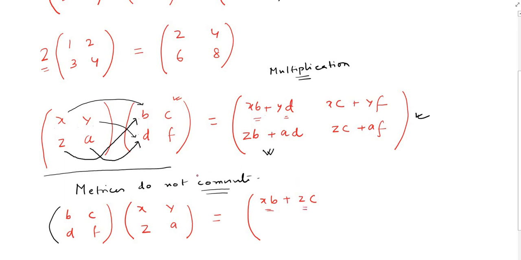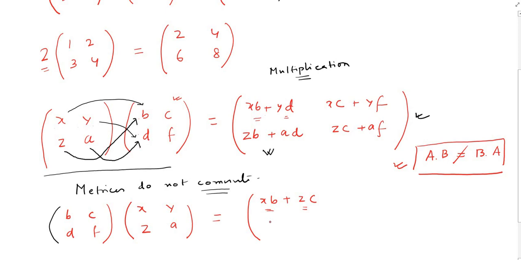So obviously they both are not the same. So what does it mean? It means, suppose you have a dot b does not equal b dot a. So this is a very important property to remember.